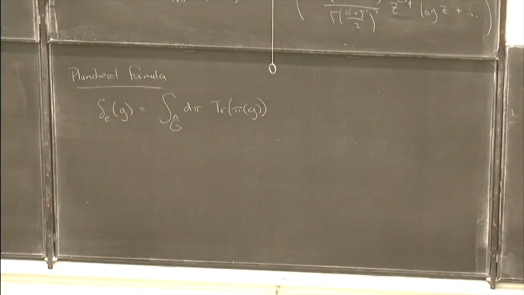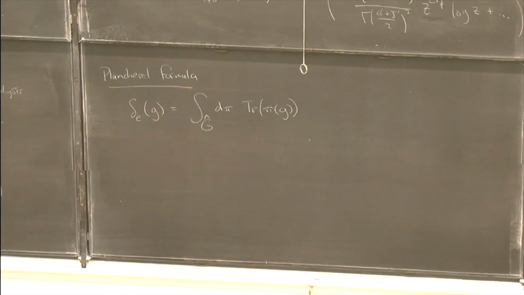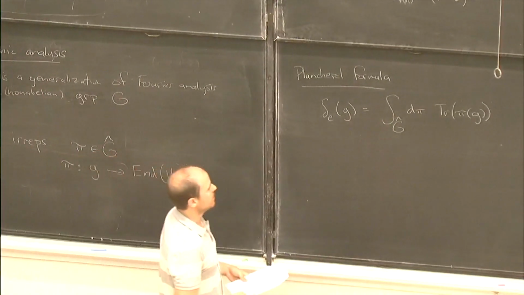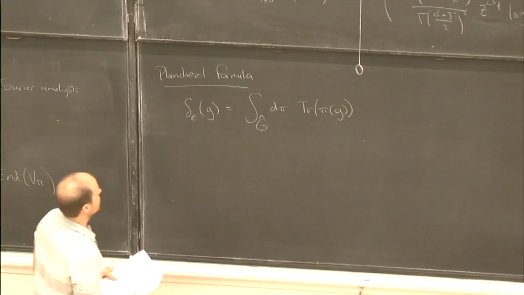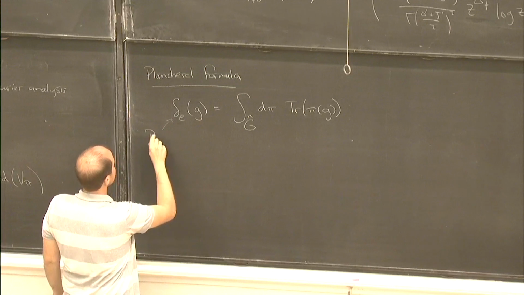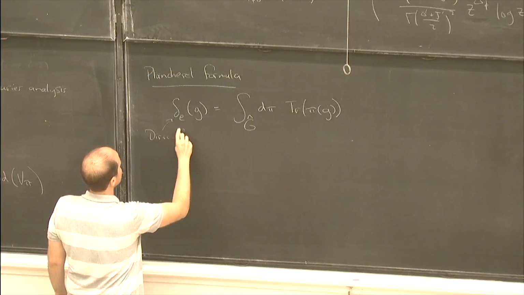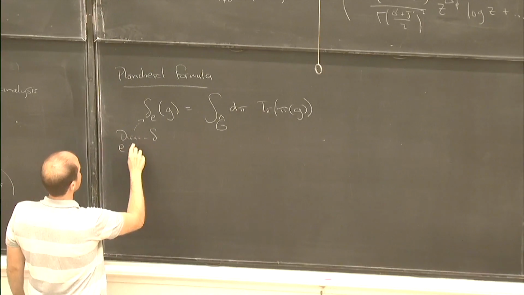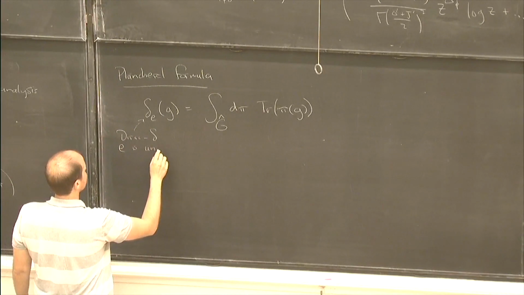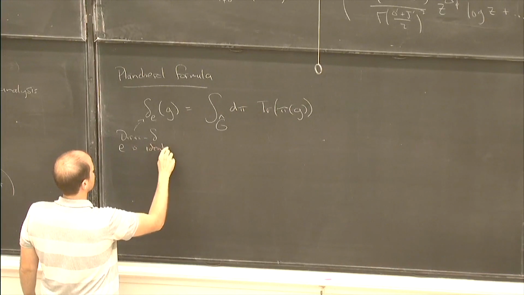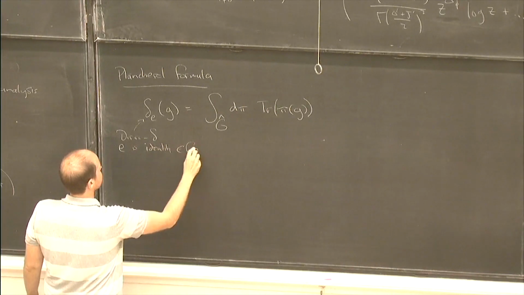And things are going to look a little abstract for a few lines, and then we'll start doing some examples, and hopefully they'll become a bit more familiar. So this is a Dirac delta distribution, and E is the unit element, the identity element in G.